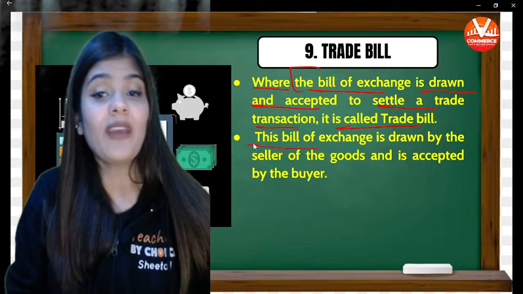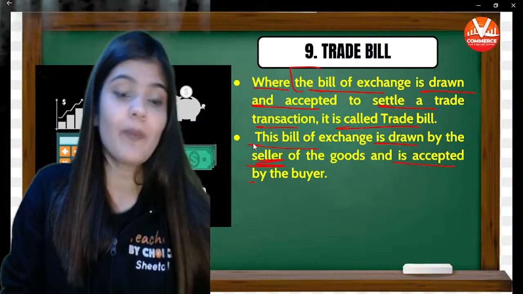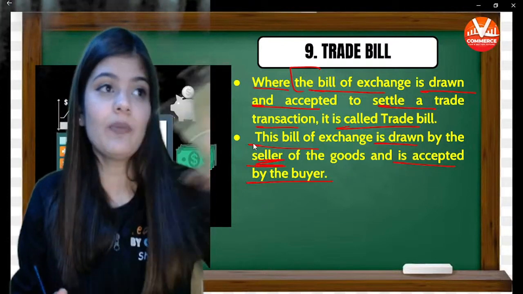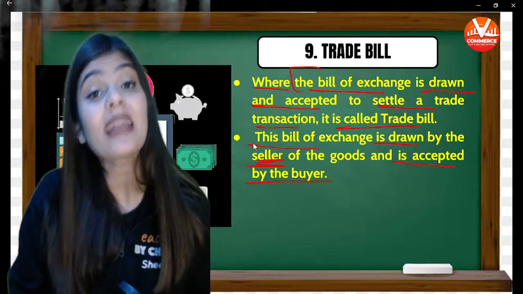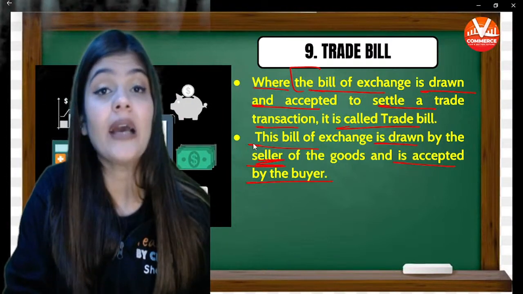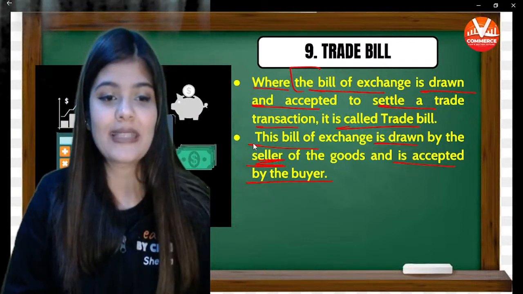So this bill of exchange is drawn by the seller and it is accepted by the buyer. So अभी तक जो हम बिल बना रहे थे, the bill that we all were drawing till now, that was actually a trade bill. It is drawn by the seller and accepted by the buyer, and it is made to settle a trade transaction.